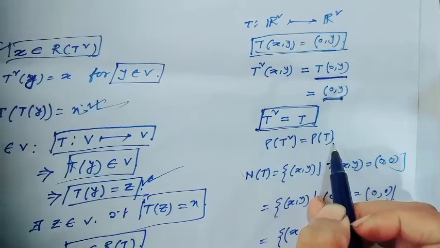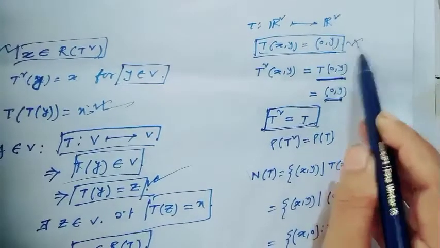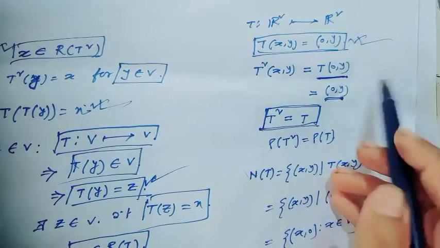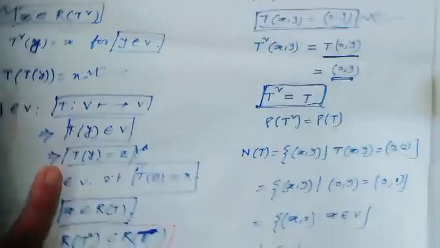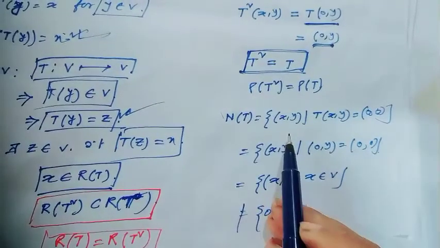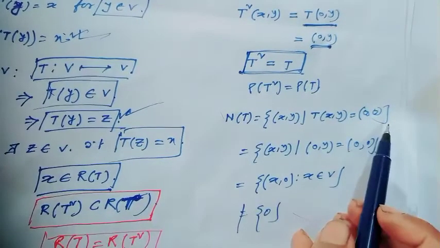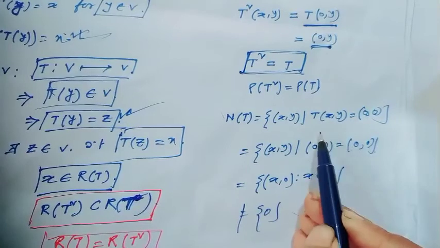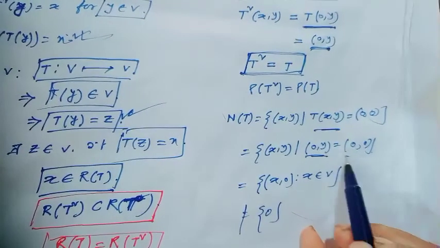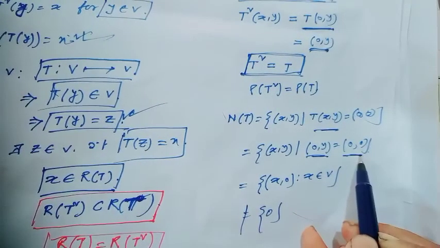So obviously rank T square would be rank T. That means I can consider this example. Then the null space of this linear transformation is the set of (x, y) such that T of (x, y) equals (0, 0), and T of (x, y) means (0, y) equals the zero vector.